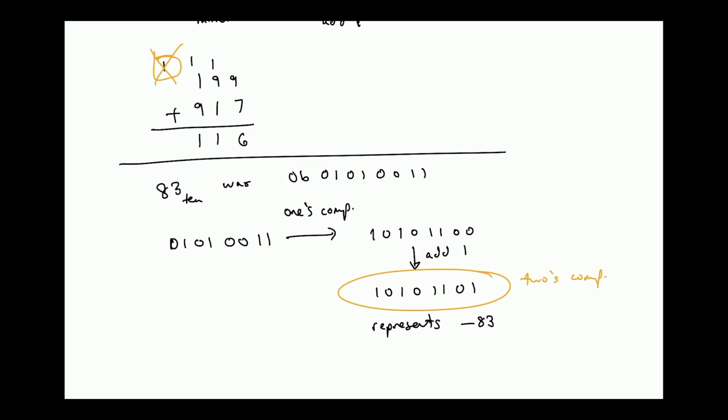Let's take the bit pattern that's in orange, and also the bit pattern we had from the very beginning as to what 199 was. Good?